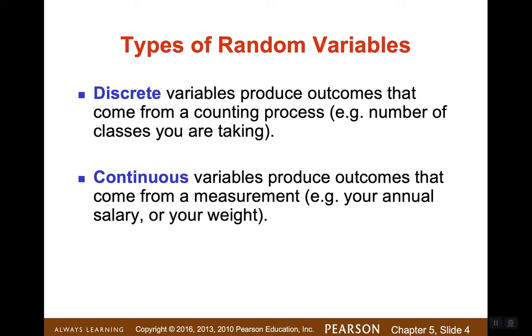And then continuous variables are derived from taking some type of measurement, like a salary or weight or age. Those would be considered measurements, so those are going to be called continuous variables. In Chapter 5 we're going to talk about the discrete variables, and in Chapter 6 we're going to talk about continuous variables, and how these work in terms of our probability distributions.